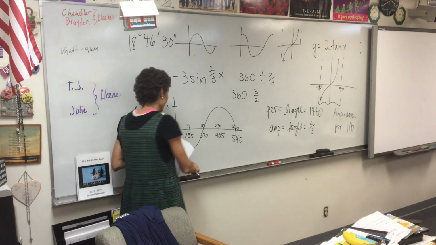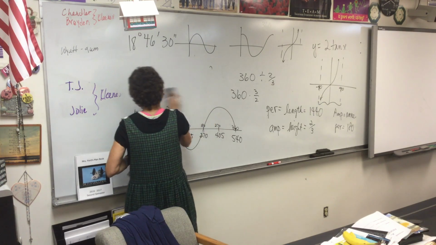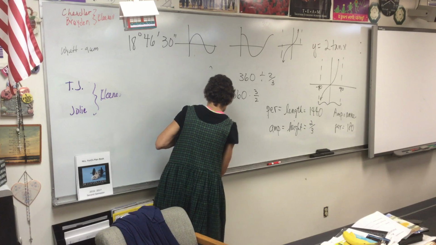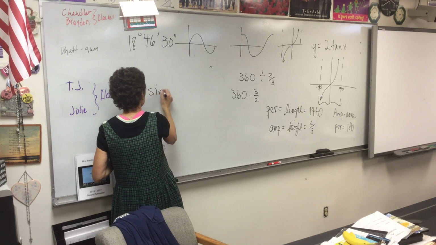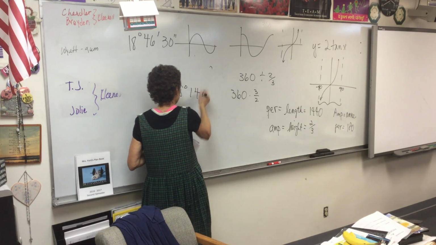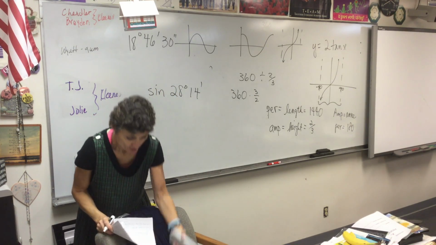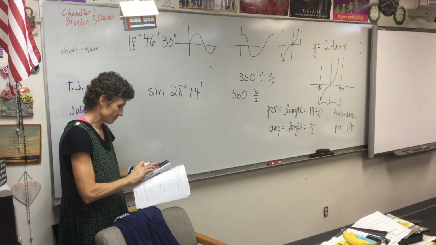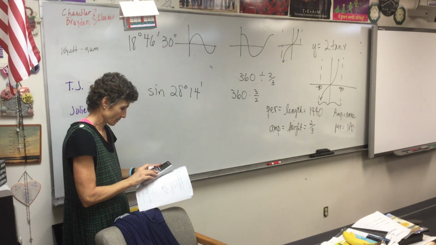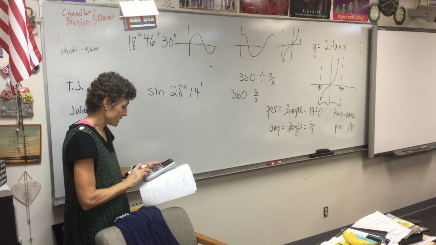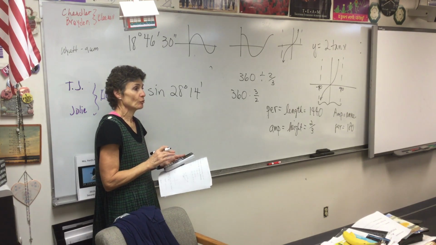Now we're going to actually evaluate some stuff, so we're going to find the sine of 28°14'. So we have to put in exactly this on our calculator. I want to see that on the screen. So I type sine 28. Now I need to get the degree mark.